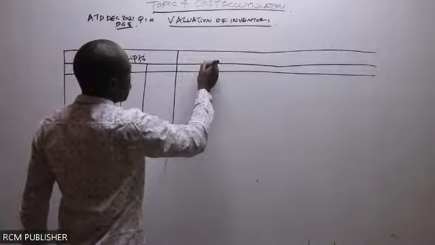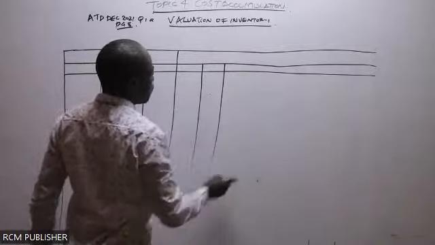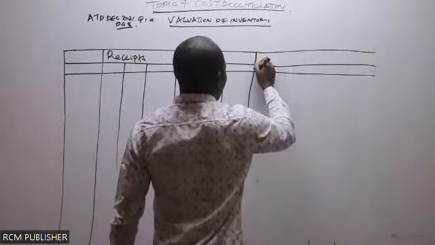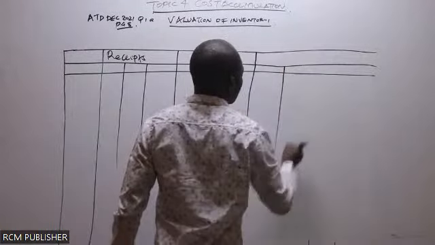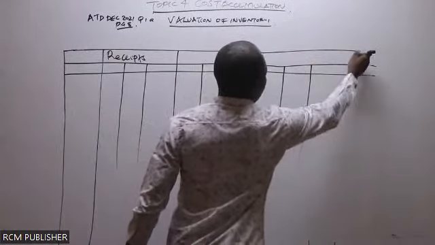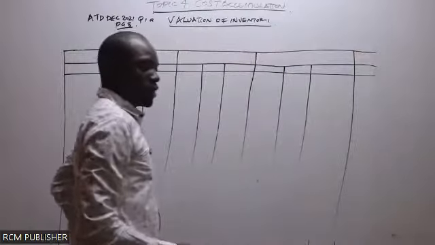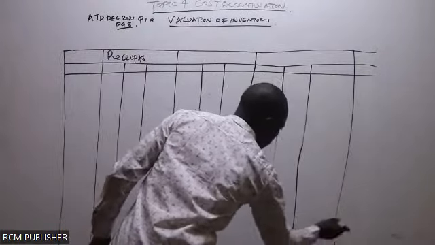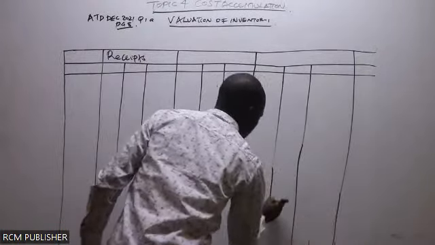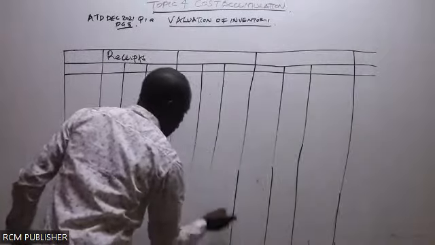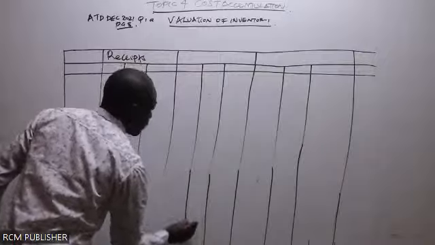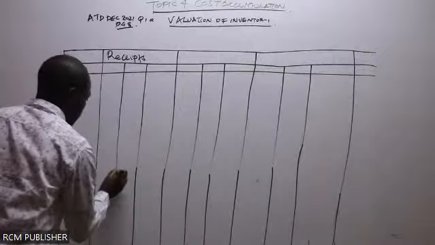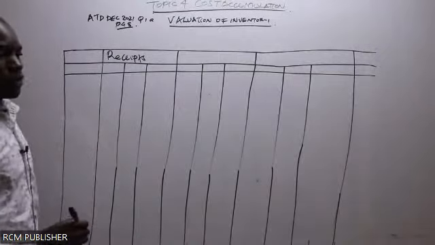We'll indicate also units, cost per unit, then amount under issues, and then again units, cost per unit, then amount under balance.